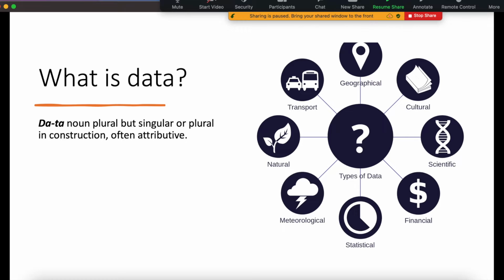This particular meeting is being recorded, so that recorded video or audio becomes data. For this presentation I prepared a PPT, that becomes data. So everything becomes data. But how we are going to use the data, that is what we are going to see here.